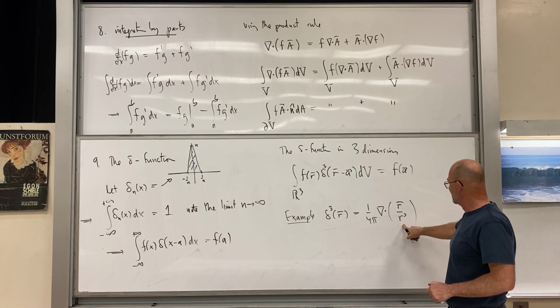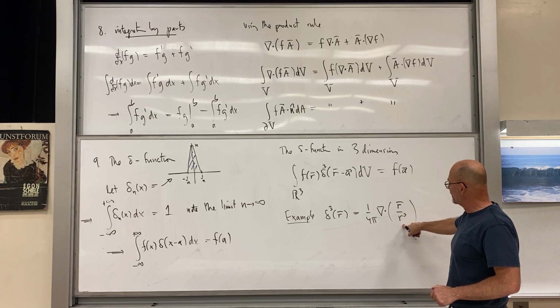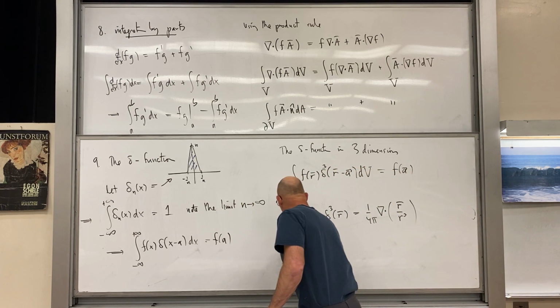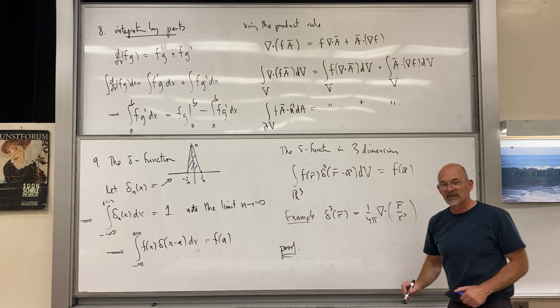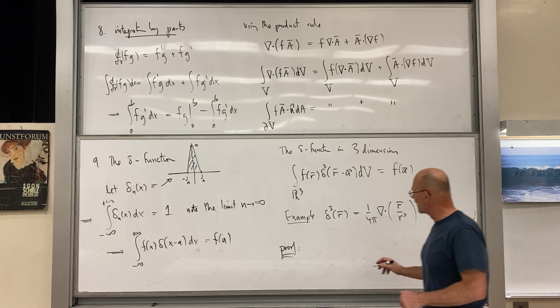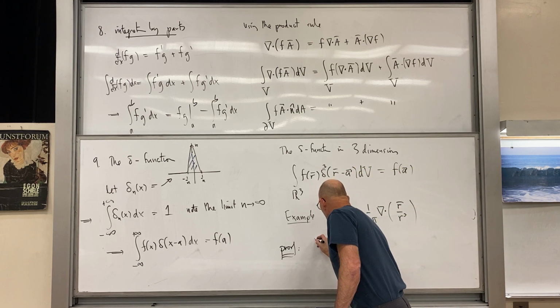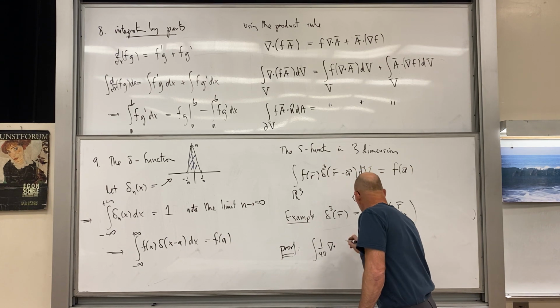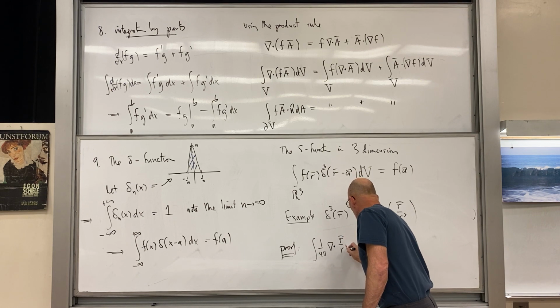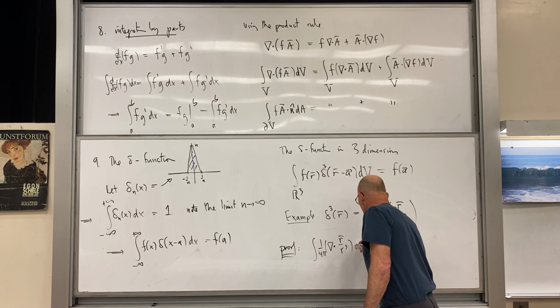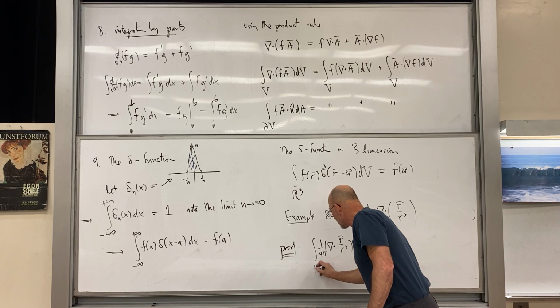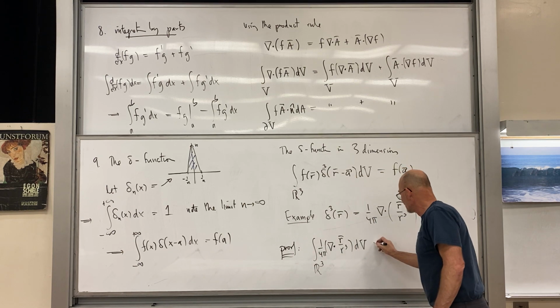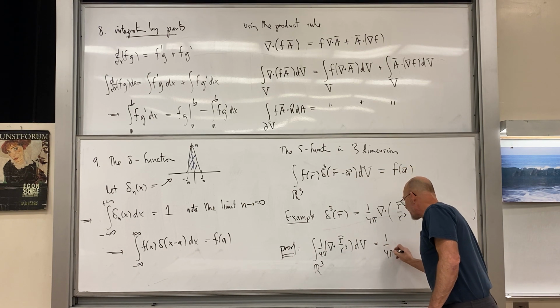And in fact, what you can do is prove this using Gauss's theorem. So let's go ahead and do that. Now we have the integral of 1 over 4 pi times the divergence of r over r cubed, d volume over all of space, equals 1 over 4 pi.